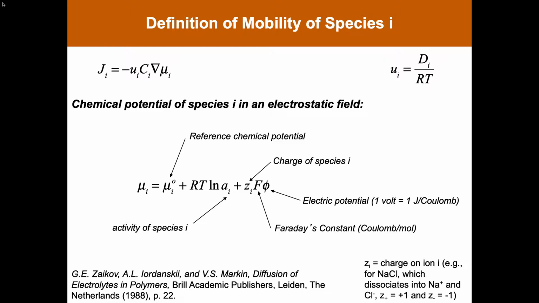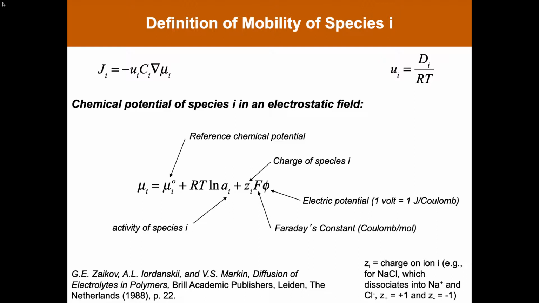And typically, this form of the chemical potential, when it includes these electric field effects, is called the electrochemical potential. But the only distinction from what you would normally call a chemical potential is the inclusion of a term that includes the effect of the electrostatic field on the chemical potential.